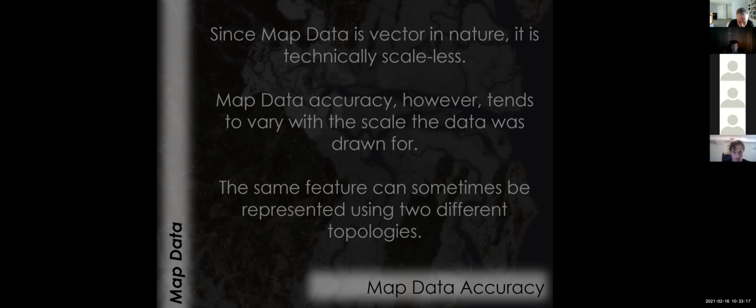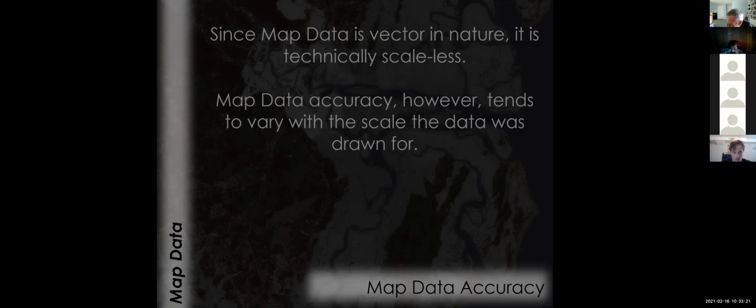An example of that might be, for example, if a state boundary was drawn for a map of the United States, if you zoom in really close to those state boundaries, you might find that they're off by a couple of miles and they're not exactly where that boundary should be because they were drawn at a national scale.